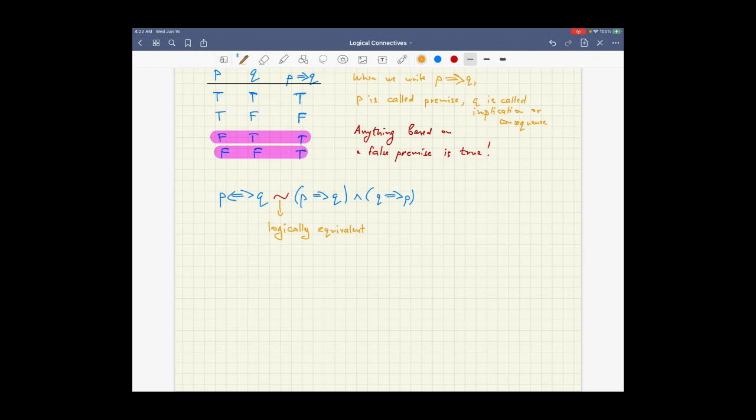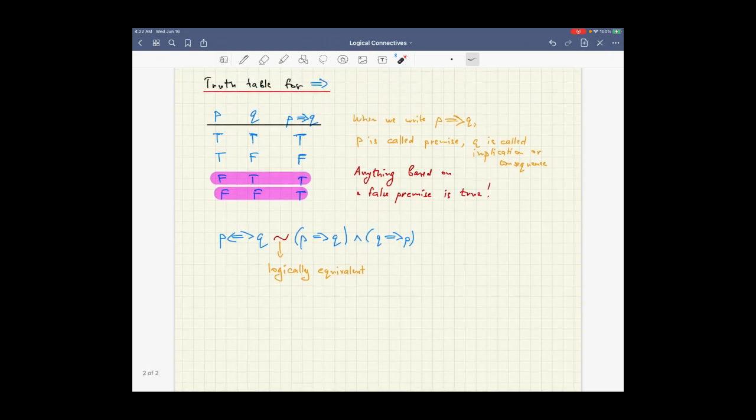What this means is the left-hand side takes the truth value precisely when the right-hand side takes the truth value. So they're equal as logical statements. If the left-hand side is true, so is the right-hand side, and vice versa. If the left-hand side is false, so is the right-hand side, and vice versa. So we can easily construct the truth table for the biconditional.